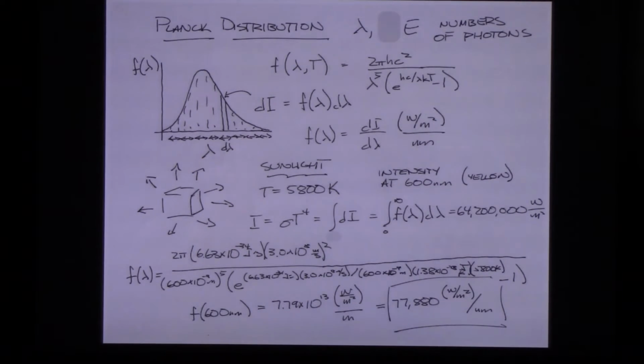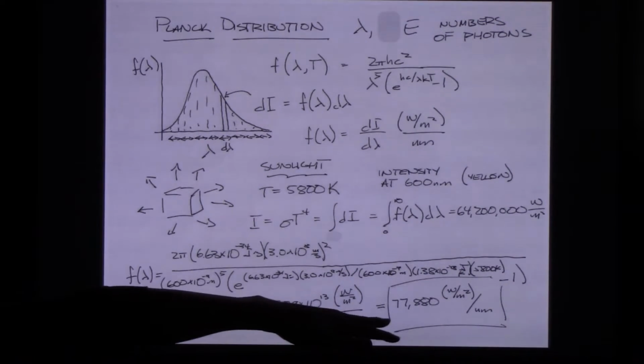This would be something good to program, because you don't want to carry out hundreds and hundreds of these calculations, which Planck probably did. I could program my calculator, or program in Python or whatever, and produce for each wavelength what's the intensity.